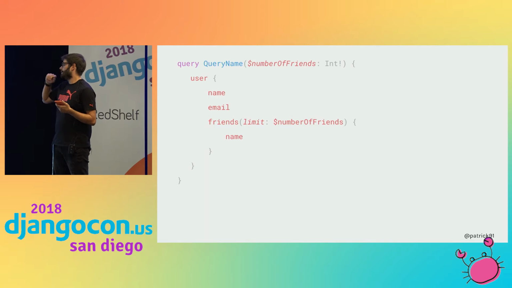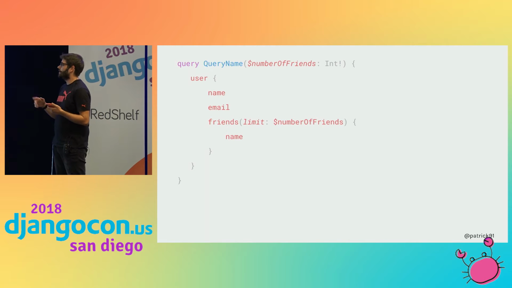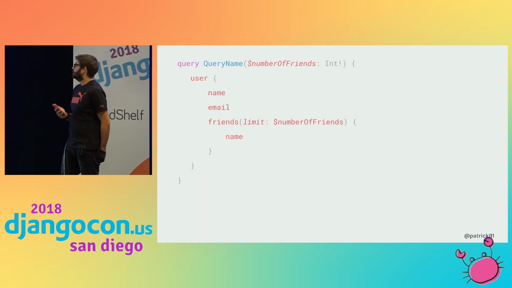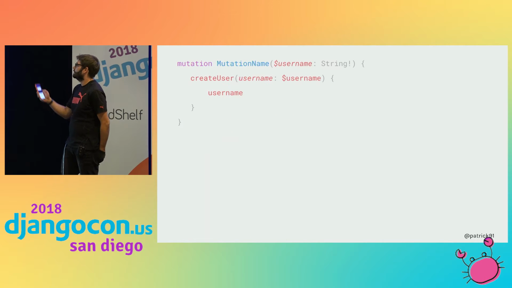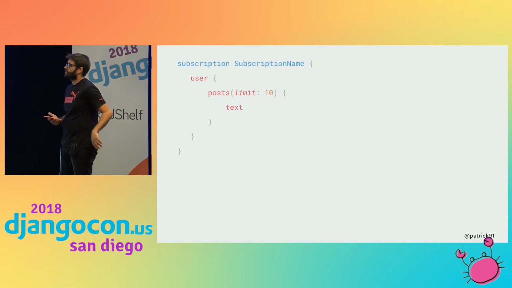And something interesting of GraphQL is also that you can have parameters for nested fields. So for example, in this case, you can limit the number of friends in the response. And then same for mutation. You have the type, name of the operation, and optional parameters. And subscription works the same. So the syntax is quite simple and easy to use.